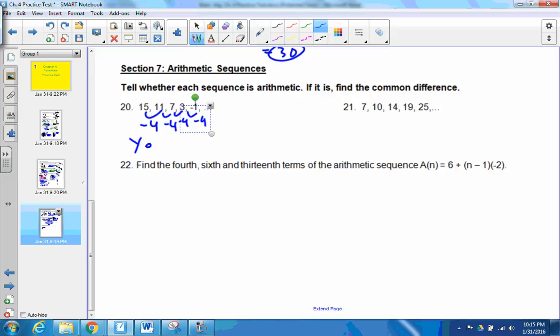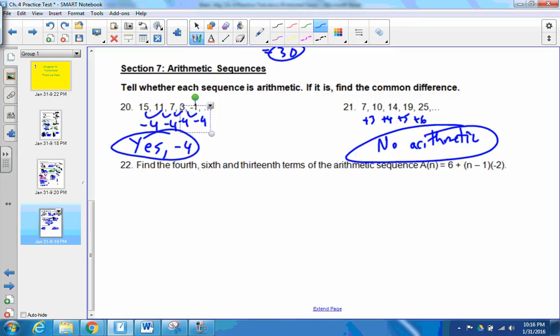So yes, the common difference is negative 4. All right, let's try this one. Plus 3, plus 4, plus 5, plus 6. Not arithmetic, because it's not going up by the same amount every time. There definitely is a pattern, it's just not arithmetic.